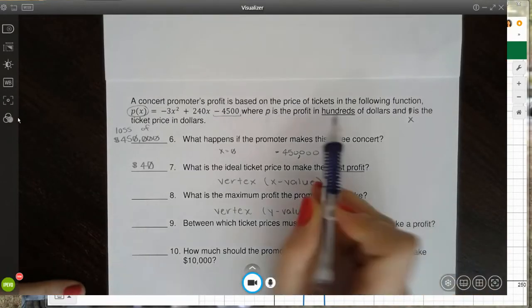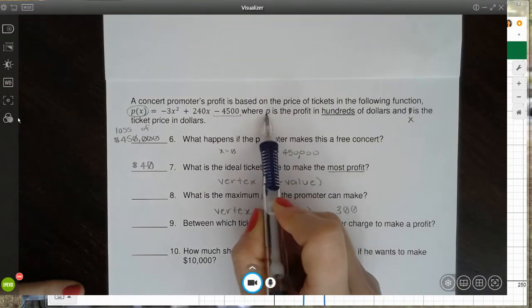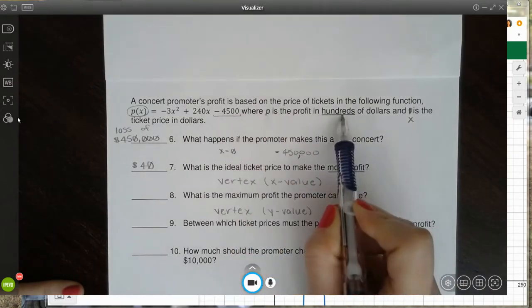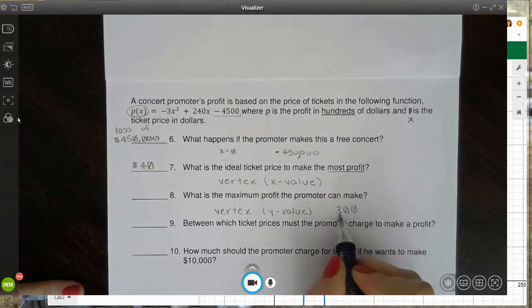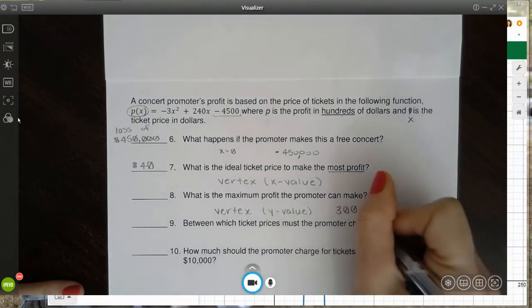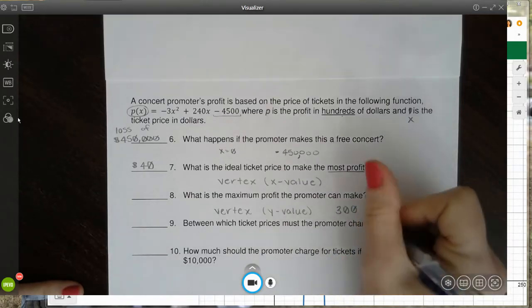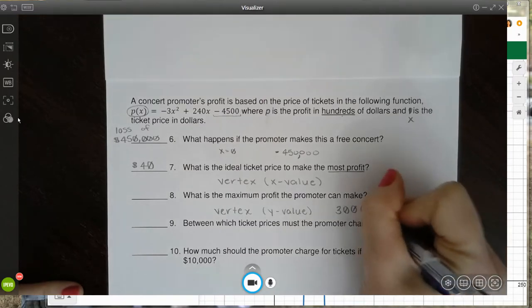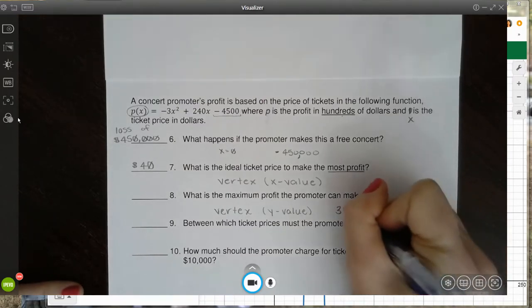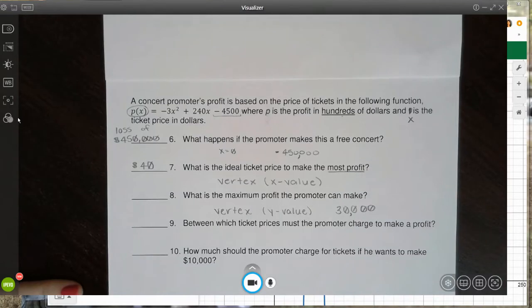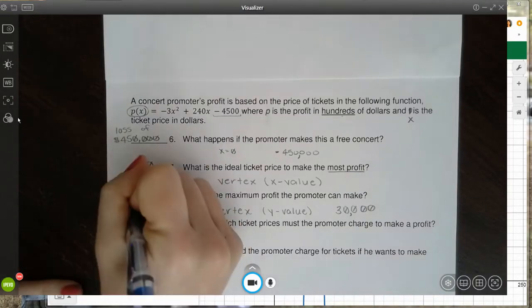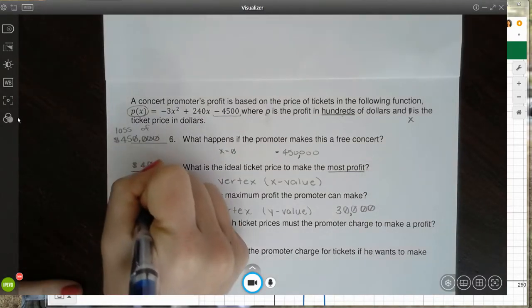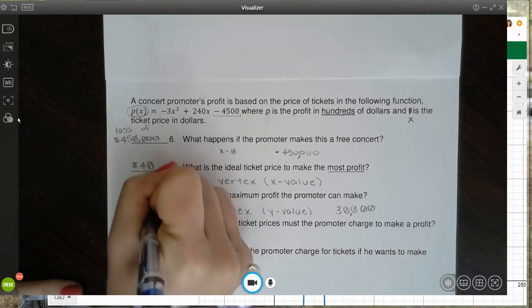Now remember, my P values or my profit values are in hundreds of dollars. This is not 300. This is 300 times 100. So their maximum profit is $30,000.